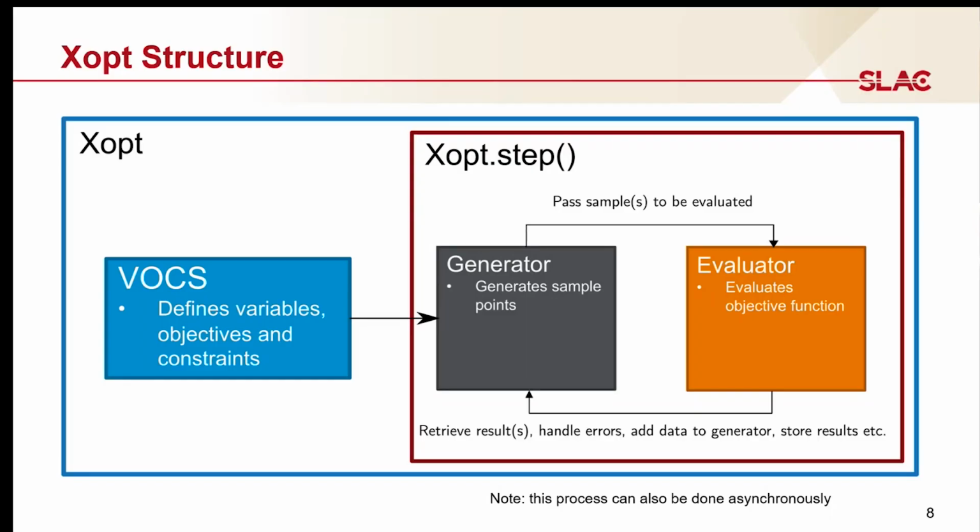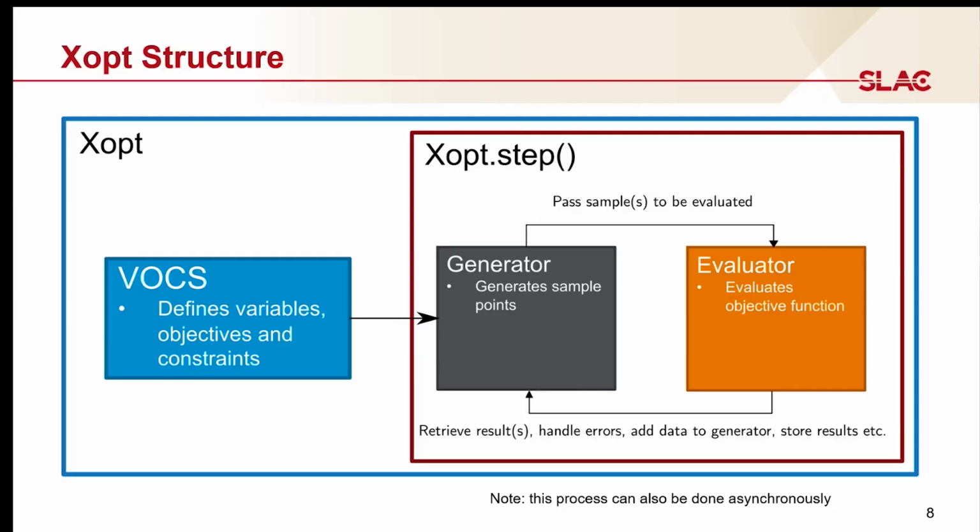This VOX is then put inside of what's known as a generator, which is the implementation of our optimization algorithm. The generator generates sample points that are then passed to the evaluator, which is essentially the logic of our problem definition itself. The evaluator evaluates the objective function and returns those values back to the generator in order to generate the next point. This control flow happens inside of an orchestration object, which is the main Xopt object.